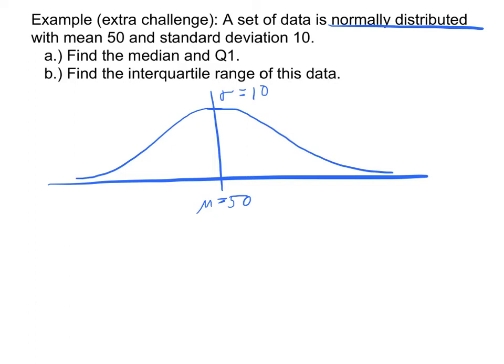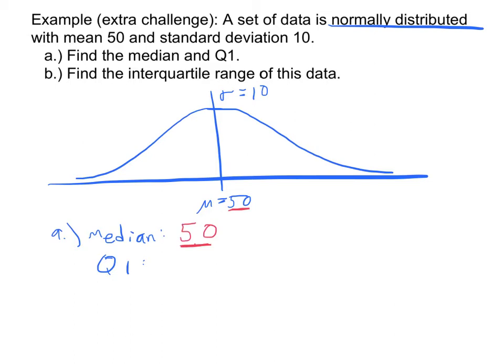So if you haven't already thought about this and figured it out, what is the median of this data? What is the value where half your data is lower than that, half is higher than that? Well, in this case it's 50. In the case of the normal distribution, the mean and the median are actually the same. They're both sort of the middle value. Now what about Q1?